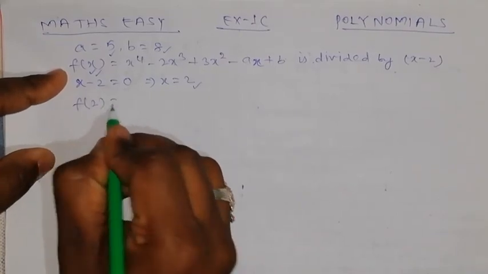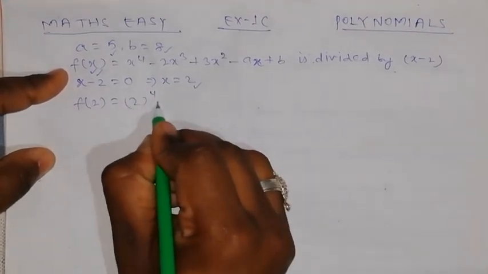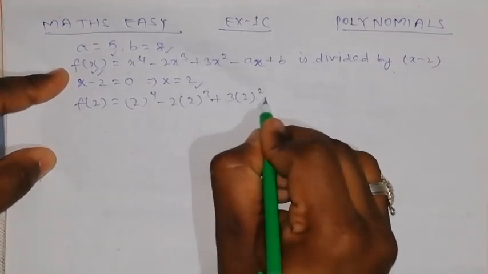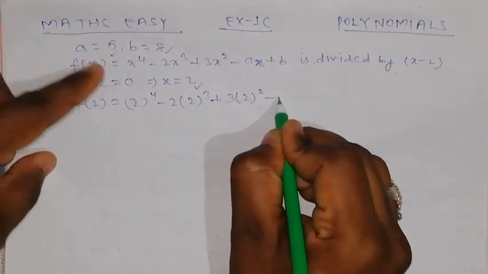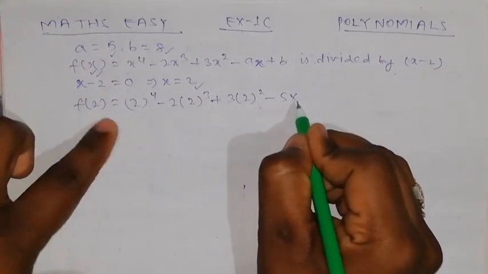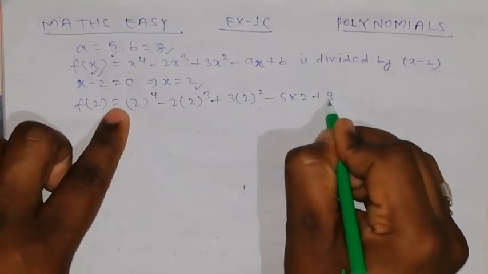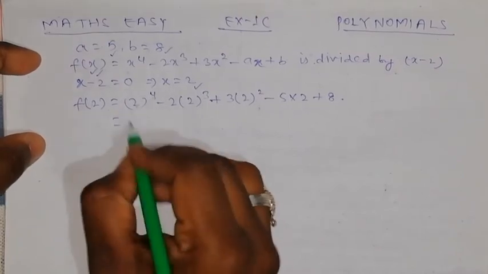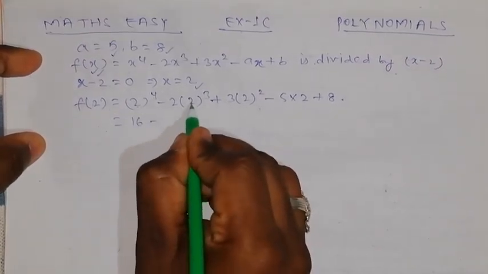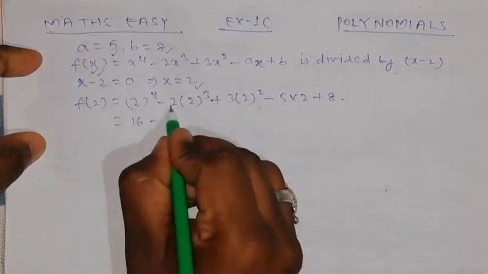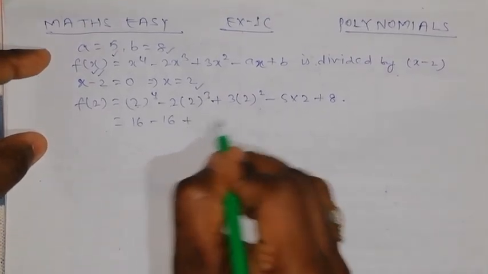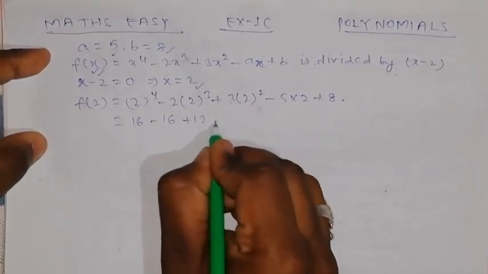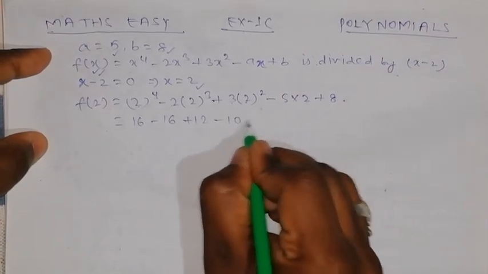Then f(2) = 2^4 - 2 into 2^3 + 3 into 2^2 - a, that is 5, into 2 + b, that is 8, and we solve it. 2^4 is 16, minus 2^3 which is 8, 8 into 2 is 16, plus 3 into 2^2, 2^2 is 4, 4 threes are 12, minus 5 twos are 10, plus 8.